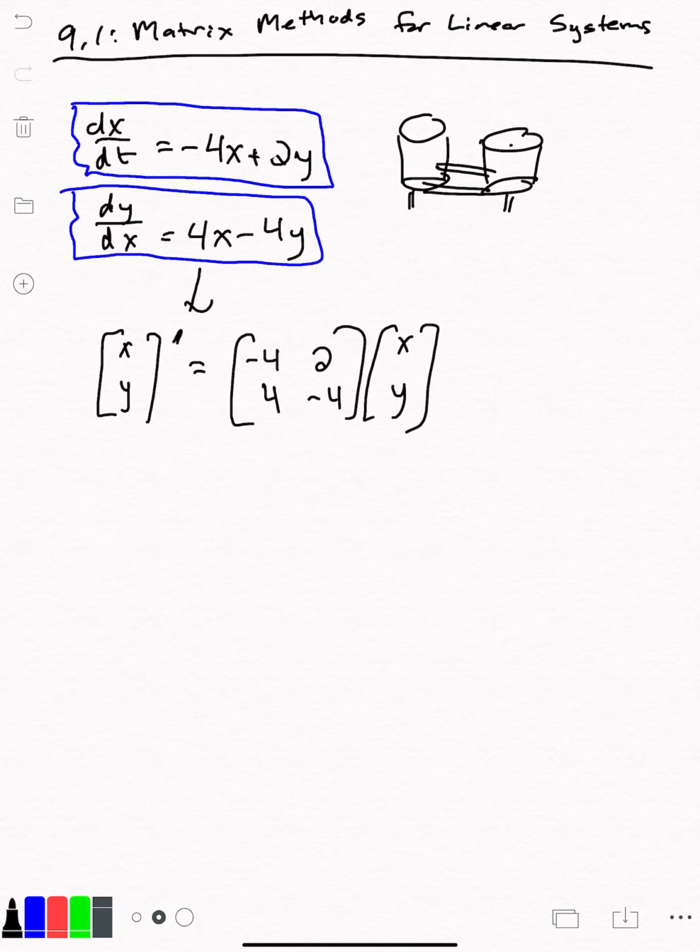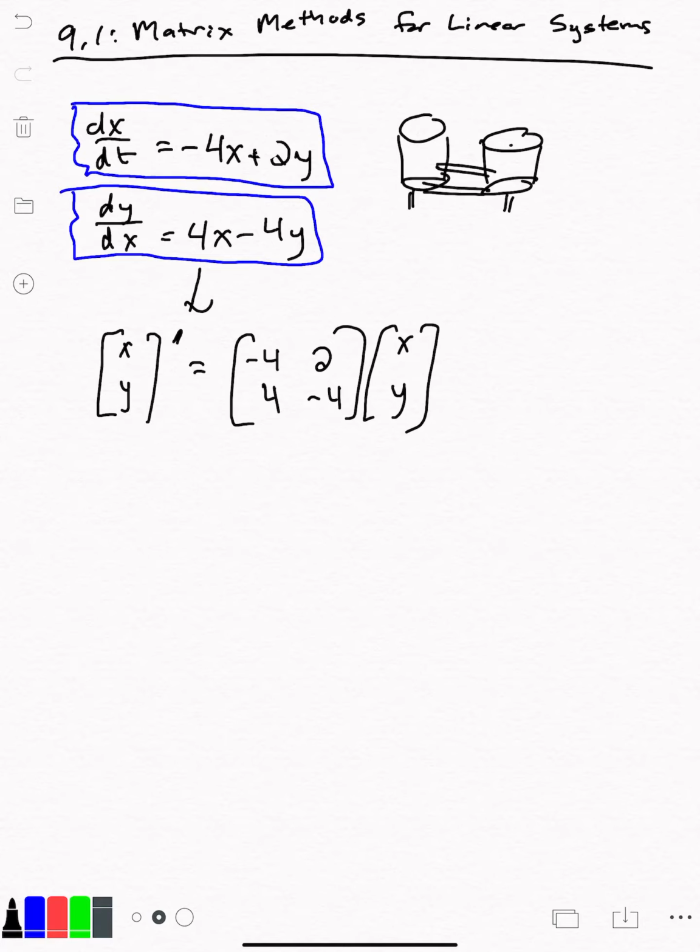It's going to turn out that we can then use our matrix knowledge from the linear algebra portion of this class in order to get the answer to this differential equation. So on exam 1, when we did differential equations, we absolutely could not handle anything with two variables. Couldn't be done. But now we're going to learn how we handle this, and the way we're going to do that is going to involve stuff from matrices that we learned in the second part of the class.